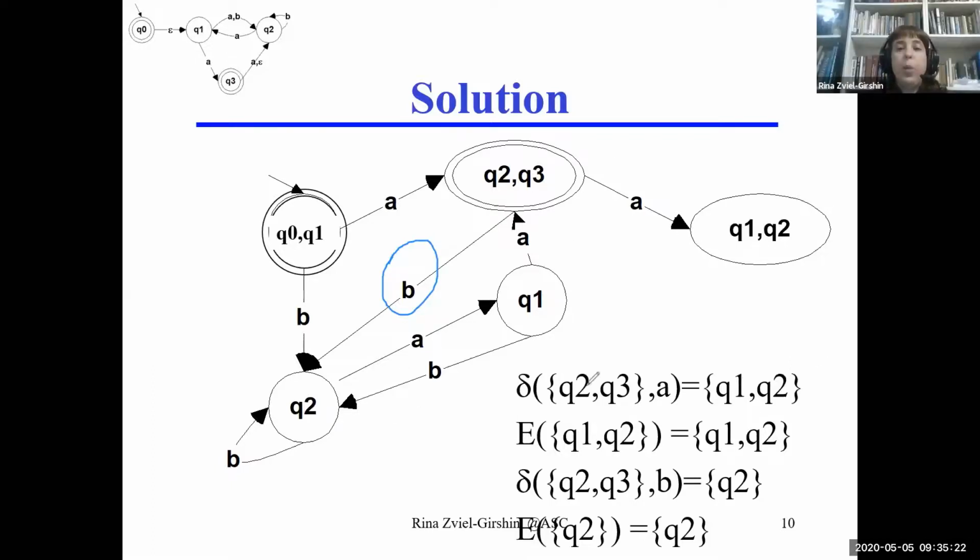Okay, we have a new state, Q1, Q2, and we have to compute where we go for Q1 and Q2 on input A and on input B. But here I would like to teach you not a trick, but the whole idea. Please divide this into Q1 and Q2, and you already have all the answers for Q1 and all the answers for Q2.